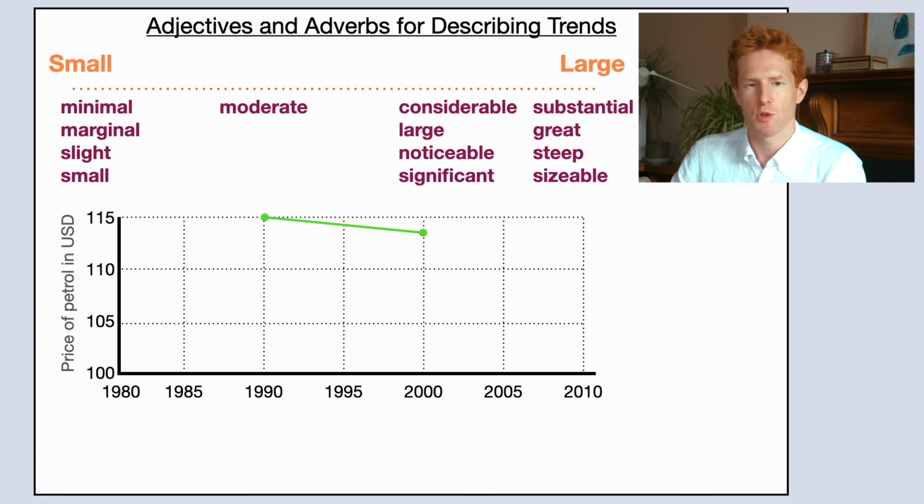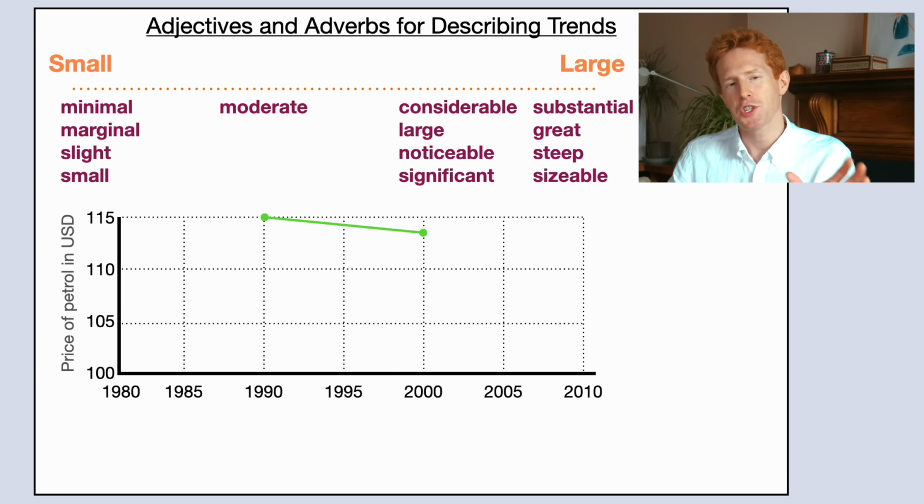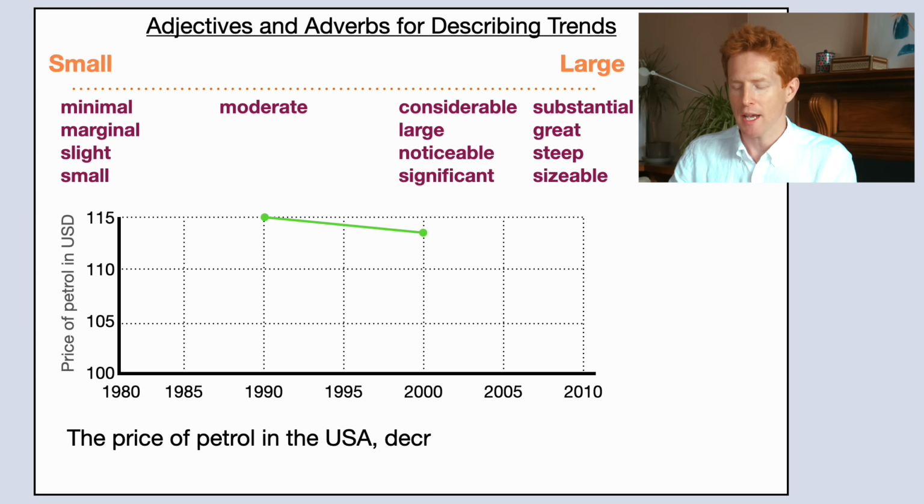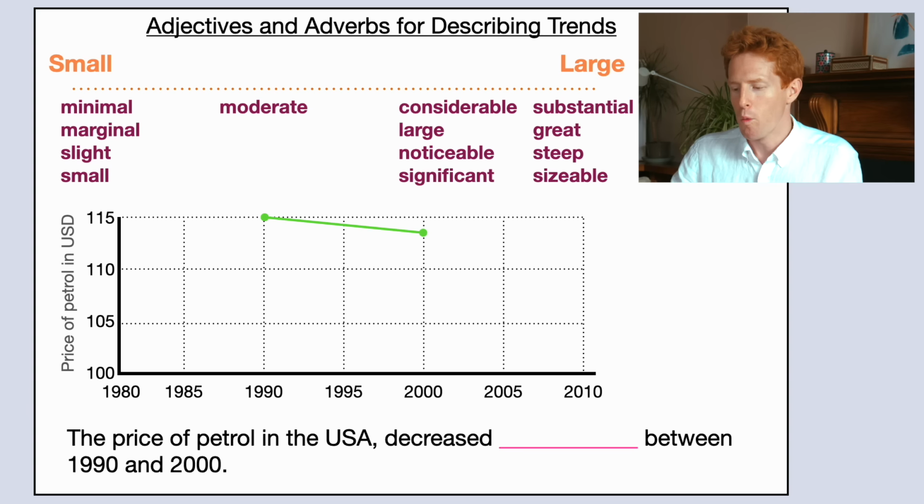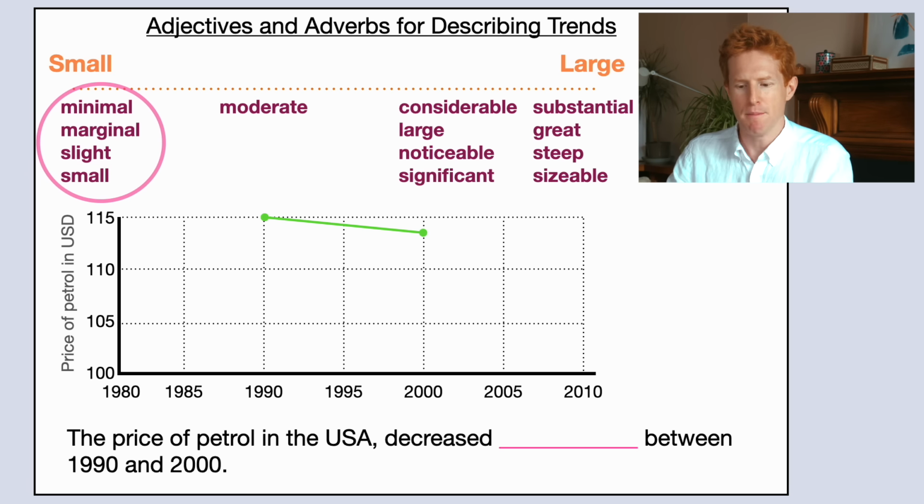So let's take this same trend that we just looked at, but let's change the sentence structure slightly. The price of petrol in the USA decreased something between 1990 and 2000. Which words would you choose? Well, you'd probably choose these, but decreased minimal, decreased marginal, decreased slight, it doesn't sound right. That's because at this stage we need an adverb.